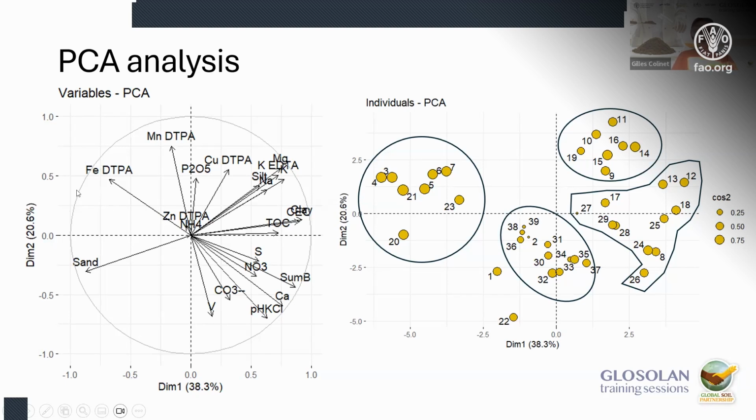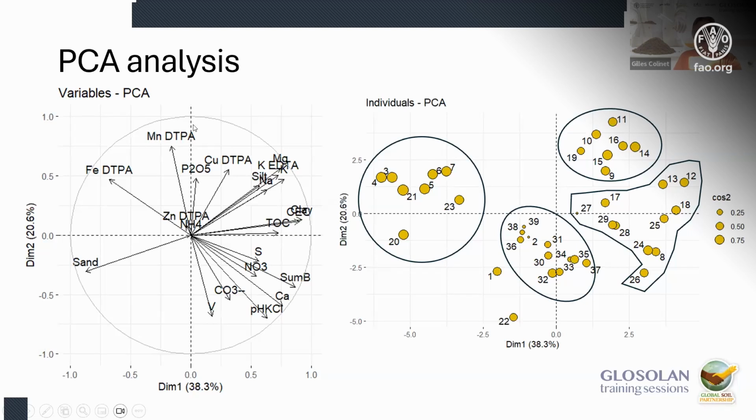And at the opposite, the high value of sand and iron DTPA will be here, and the low value will be there. And so when you plot the samples, they are located by the influence of all these variables.